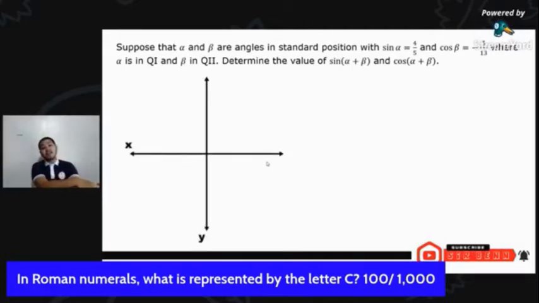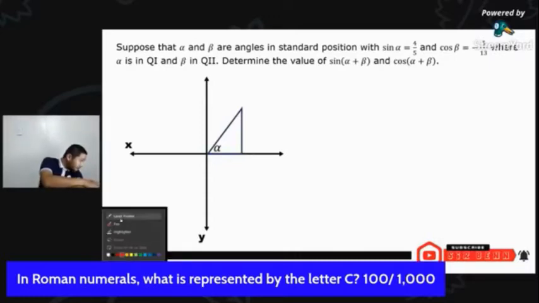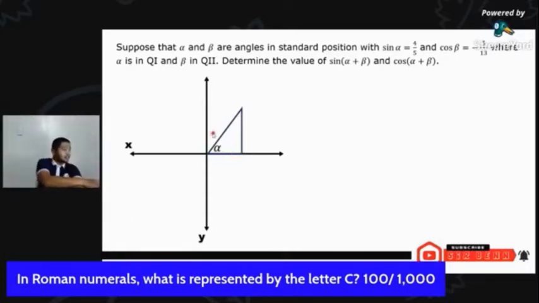So we have here a Cartesian plane. Let's start with the first angle, alpha. We're going to draw a triangle, so the angle here would be that one. Let me use a pointer here. This is alpha, and sine alpha is equal to 4/5.